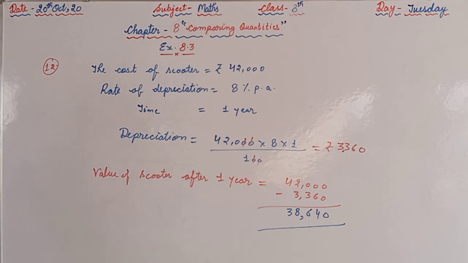In question number 12, the rate of depreciation was 8%, and in example number 15 the rate of depreciation is 5% only. First we have to calculate the depreciation, and at last to find the value, we subtract that depreciation from its cost. So you can try that example also.